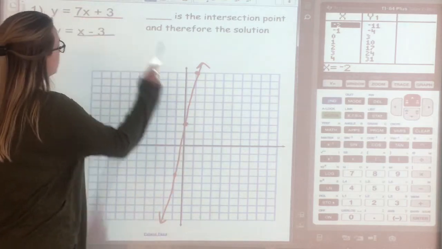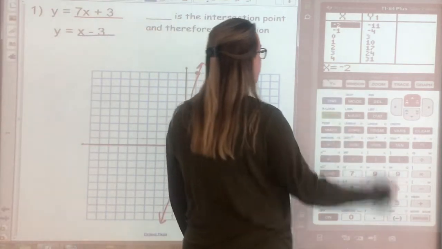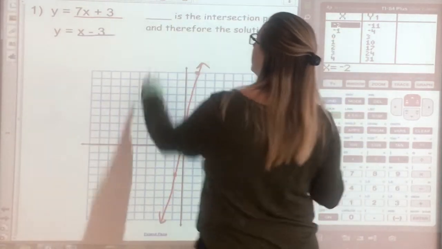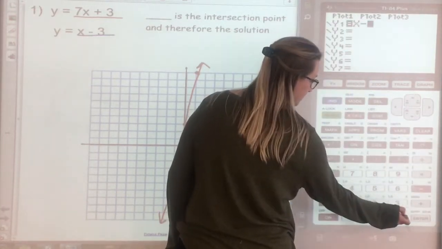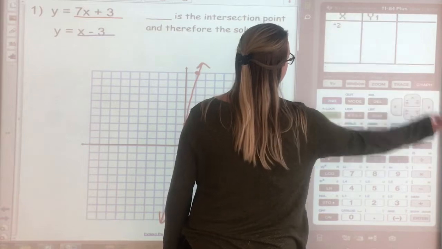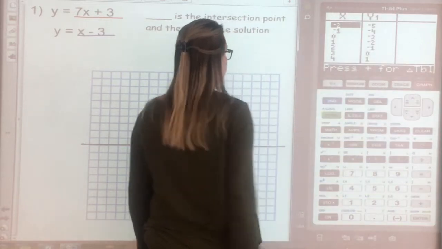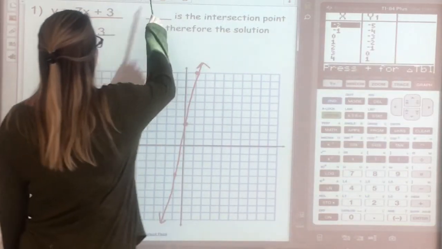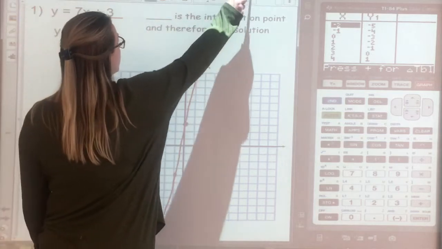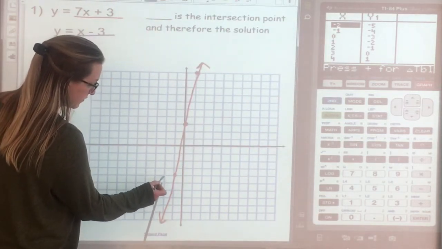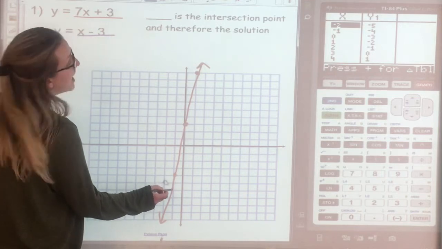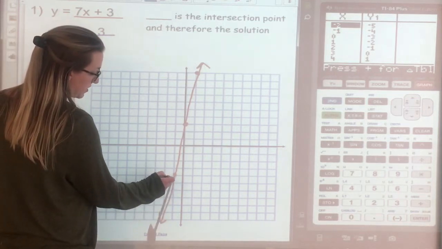I'm going to do this one in blue. I'm going to go back to y equals, and I'm going to type in x minus 3. So x minus 3, take a look at your table. Here are a whole bunch of points that I will be able to graph. If I go back to the blue color, let's see, -2, -5, and then -1, -4.